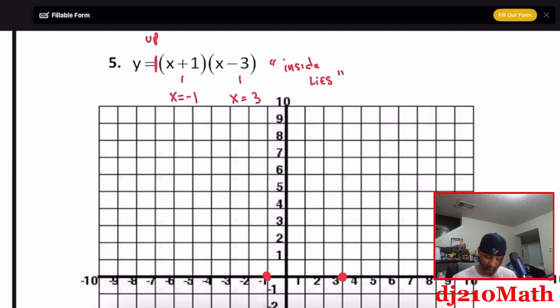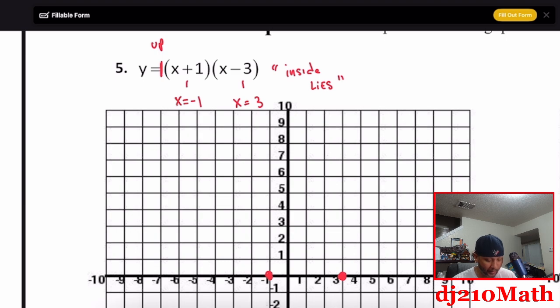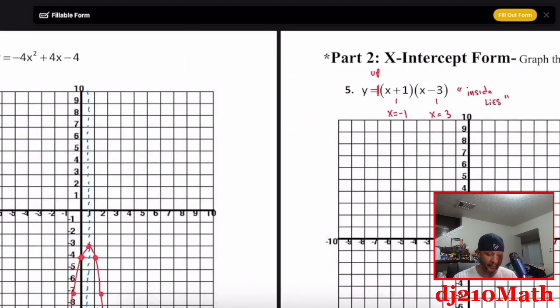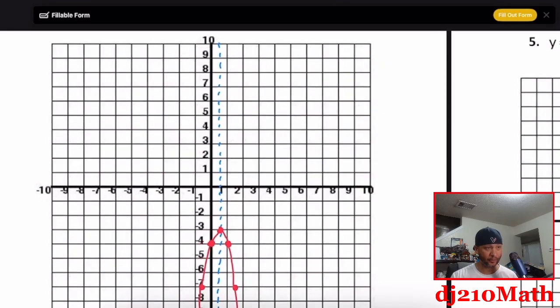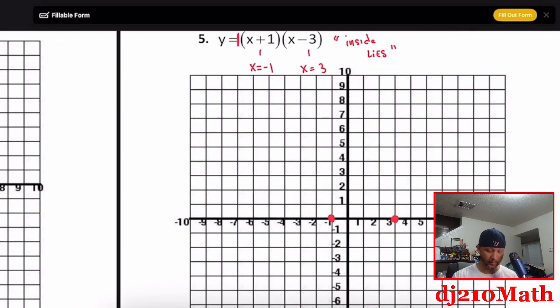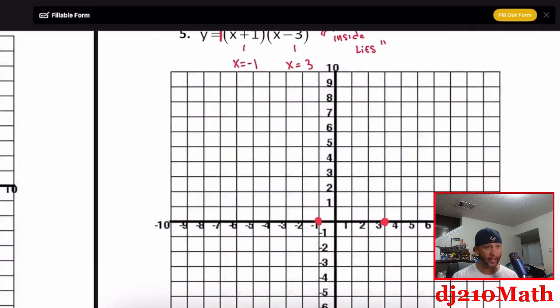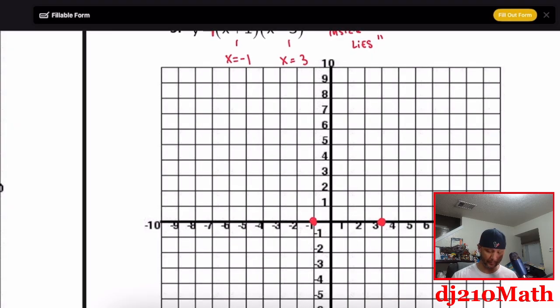The next step in the process here, right? Because depending on what form you have, there's different information that stands out, and there's a different step that you're going to do next. When you had standard form, we found the axis of symmetry first by using a formula. Well, we're going to do the same thing now. We're going to find the axis of symmetry, but we don't need a formula, right?